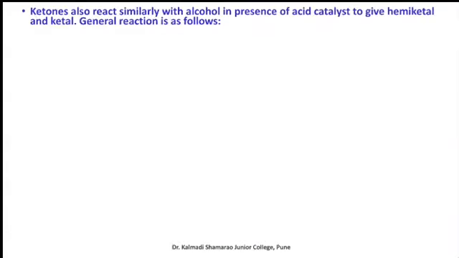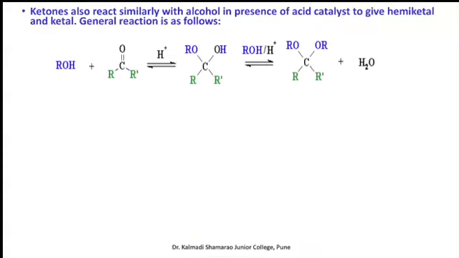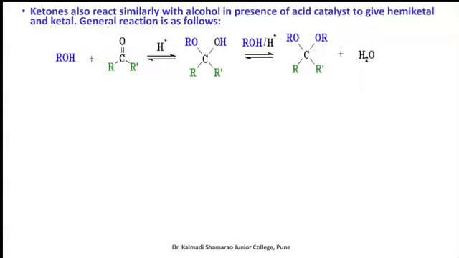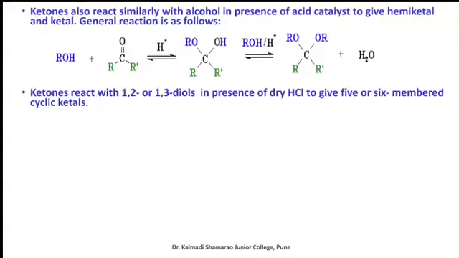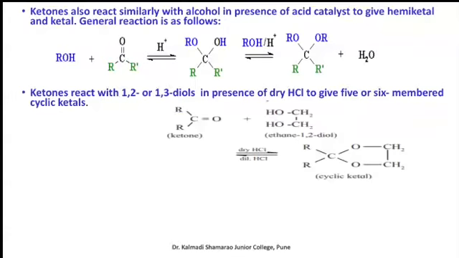Ketones also react similarly with alcohol in the presence of acid catalyst to give hemiketal and ketal. Ketones react with 1,2 or 1,3 diols in presence of dry HCl to give 5 or 6 membered cyclic ketals.